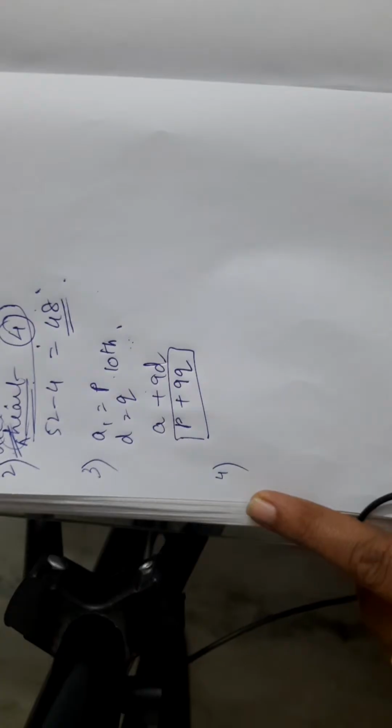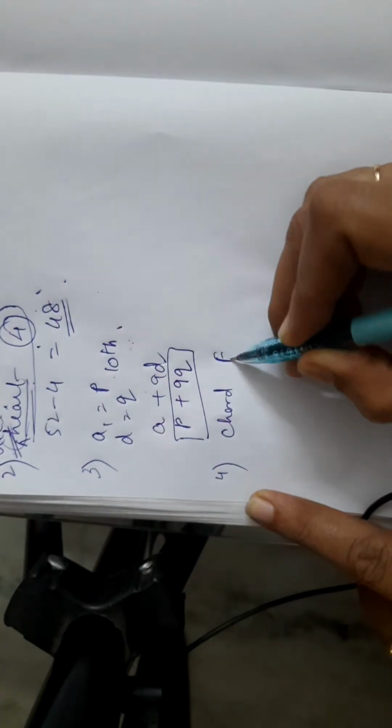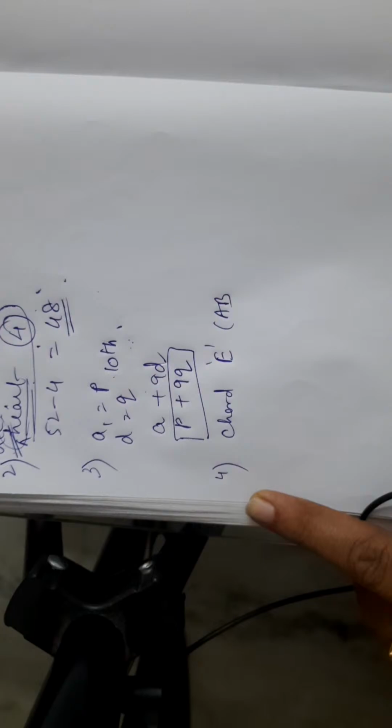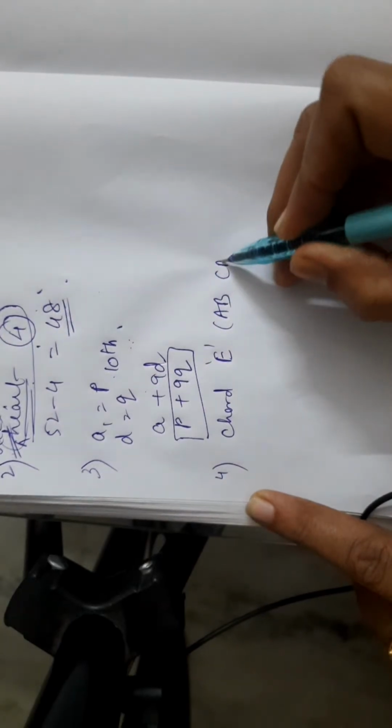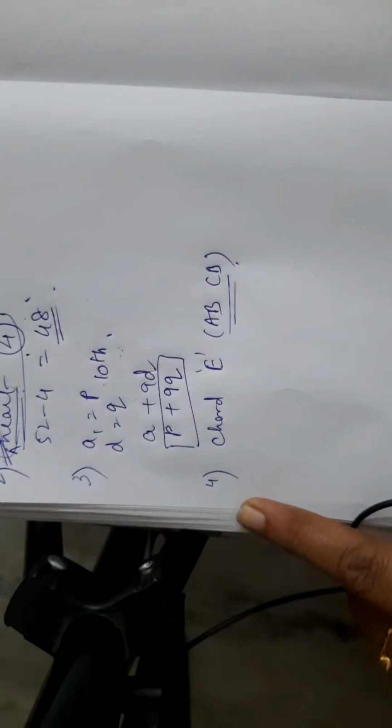Okay, now the next question. Two chords AB and CD of a circle intersect at E. Okay, two chords which intersect at point E, and the chords are AB and CD. Good, correct answer.